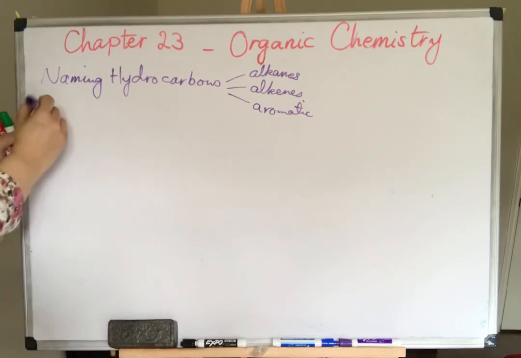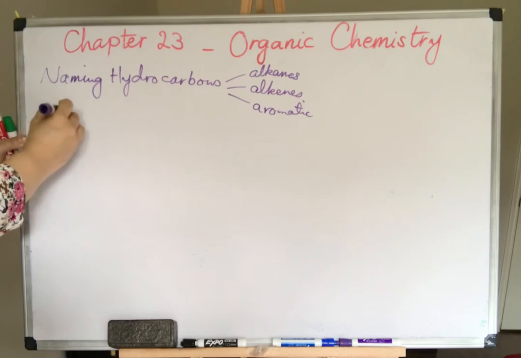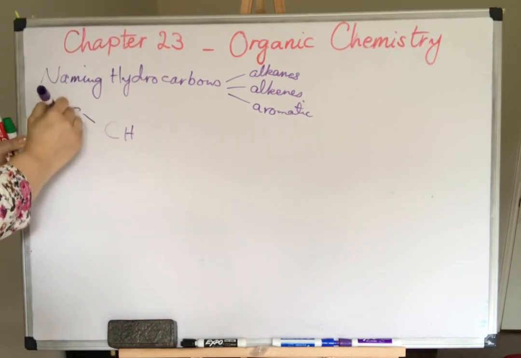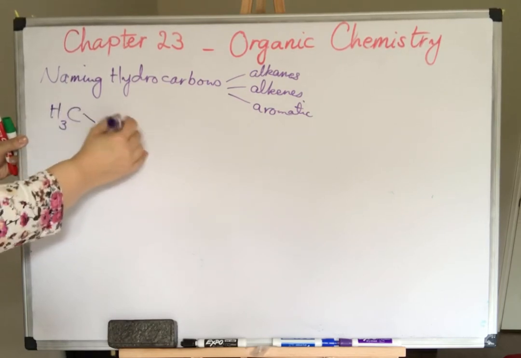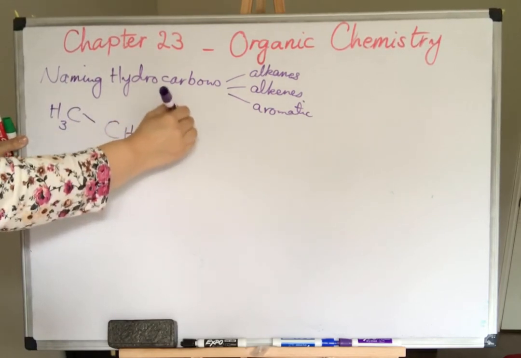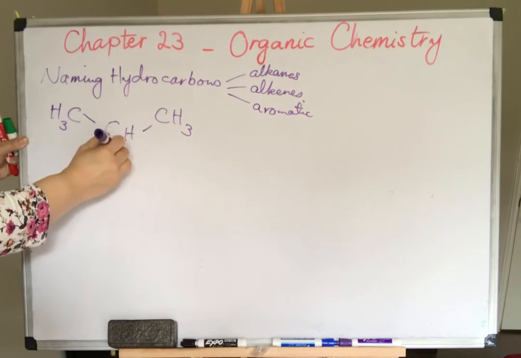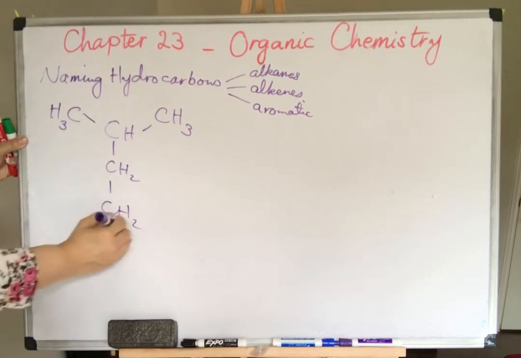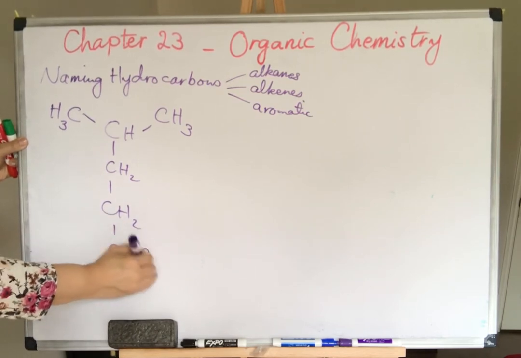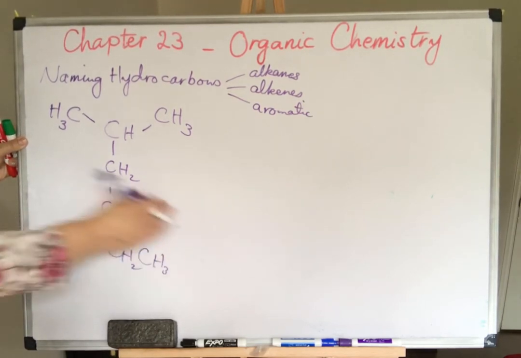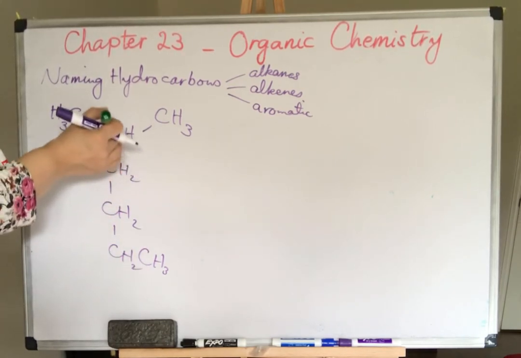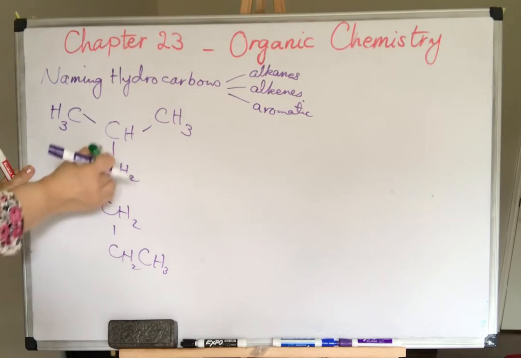2-methylhexane. I'll give the IUPAC name for each of them. All right. I thought we were going from name to the structure. Then CH2, CH2, CH2, and CH3. So what is the first step? Determining the longest chain. 1, 2, 3, 4, 5, and 6.